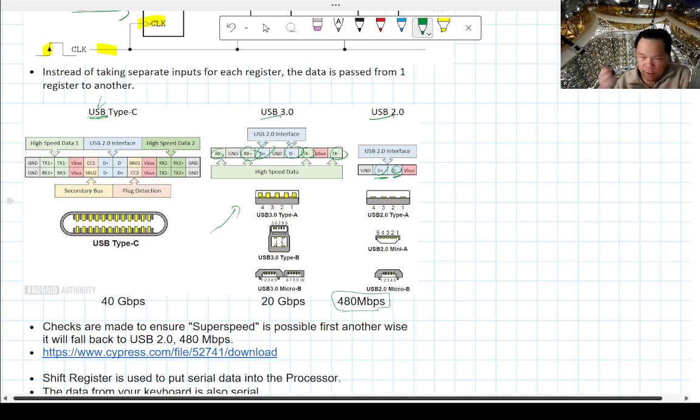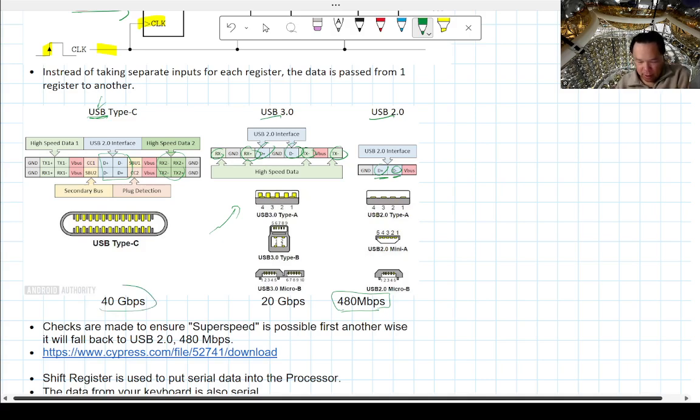And then when you have USB-C, which is what most of us use now, they have even more connections in them. A lot of the technology of USB is based on this serial in, parallel out technology, and then they just put more and more wires into them so that we can have a higher throughput.